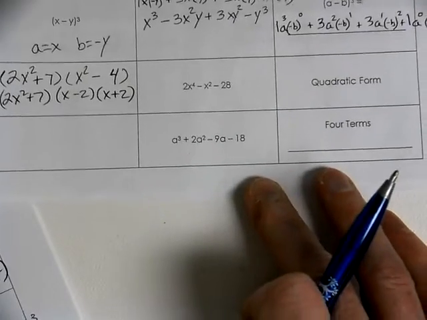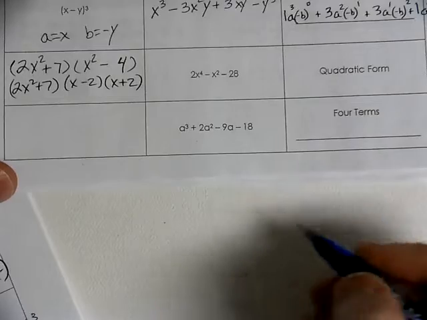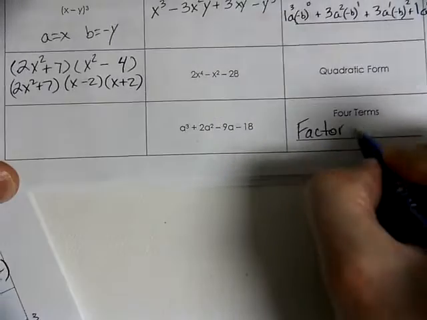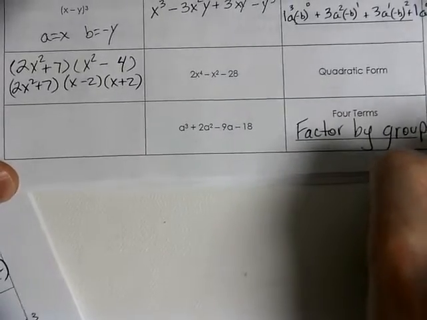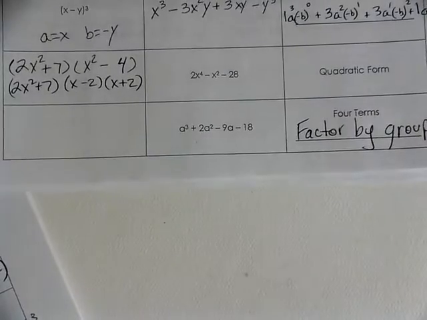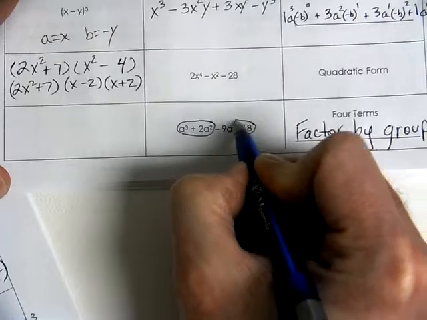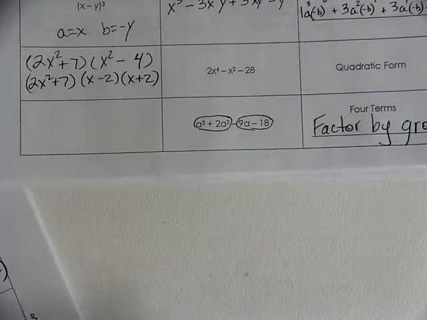A last one. If we have 4 terms, to this point, the only thing that we know what to do is to factor by grouping. So with factor by grouping, we're going to circle the first group, we're going to circle the second group. Put circles, don't use parentheses.